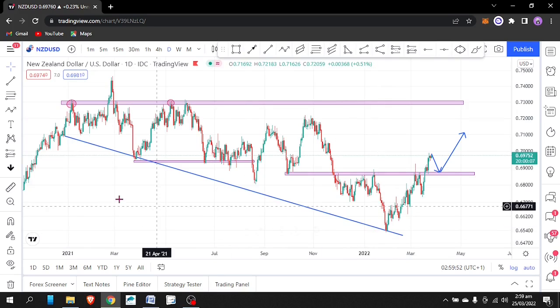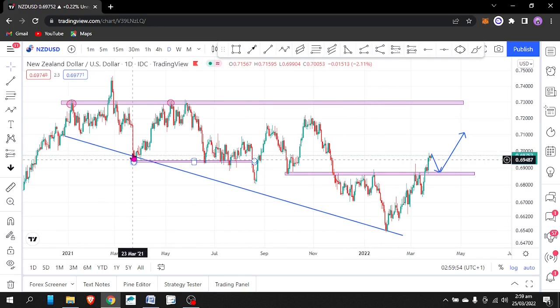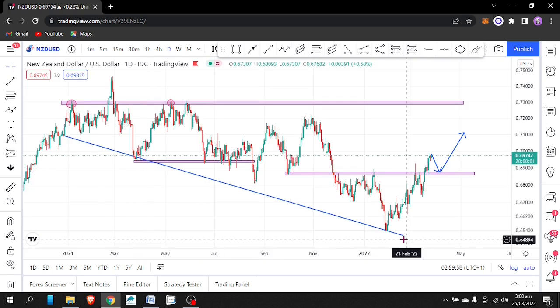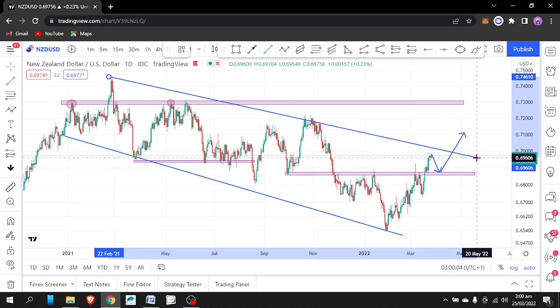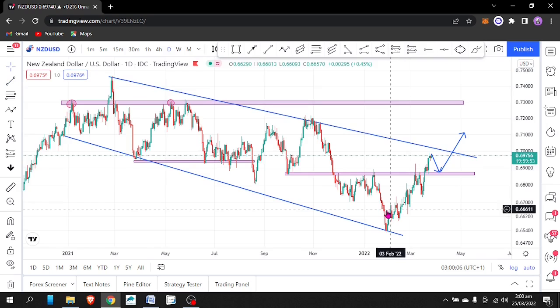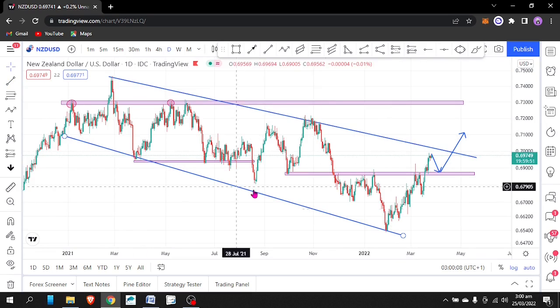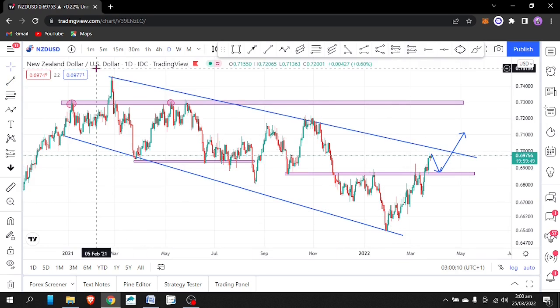It means that price respected this bearish support level and it also respected this bullish resistance level. Now this is a linear support level, this is a linear resistance level.